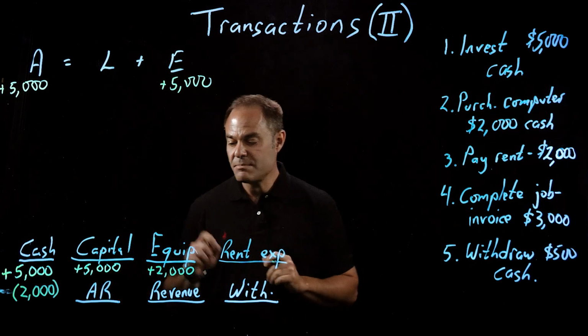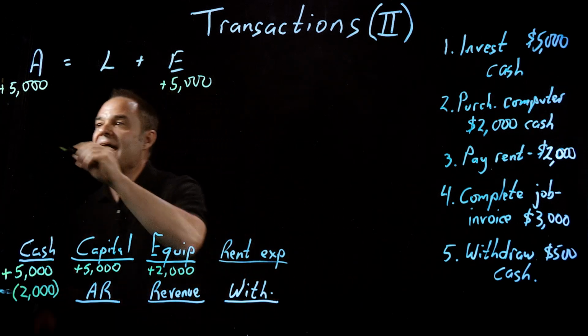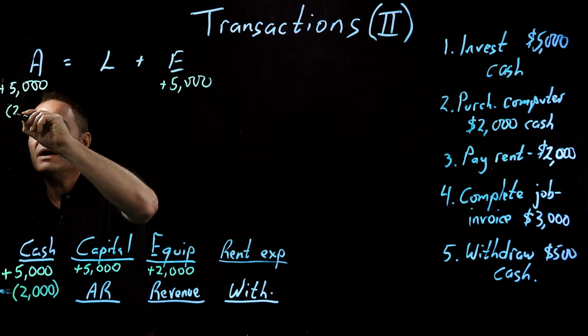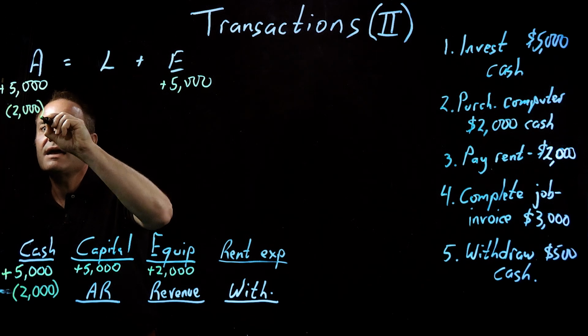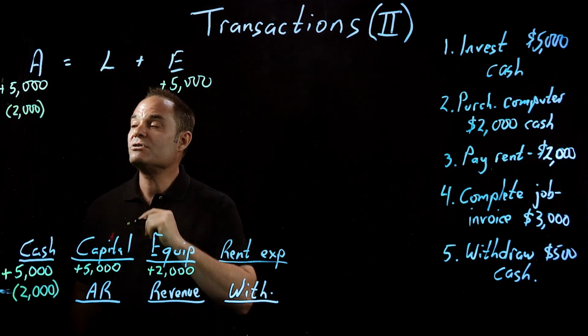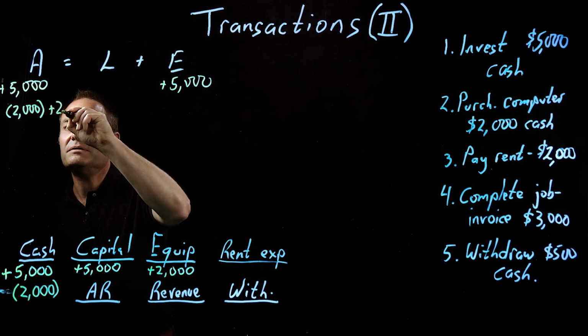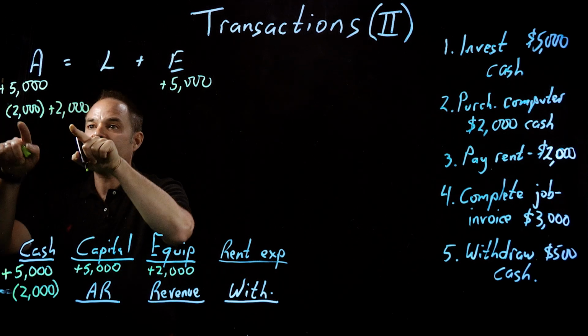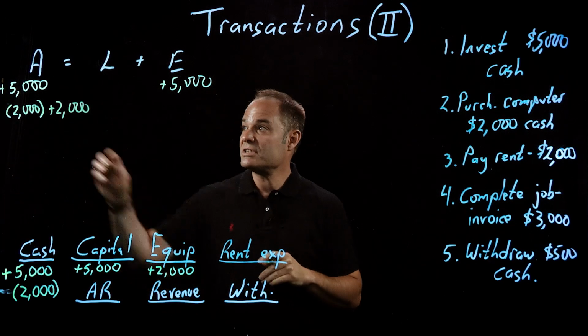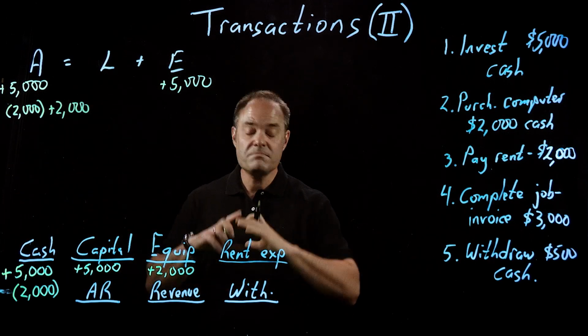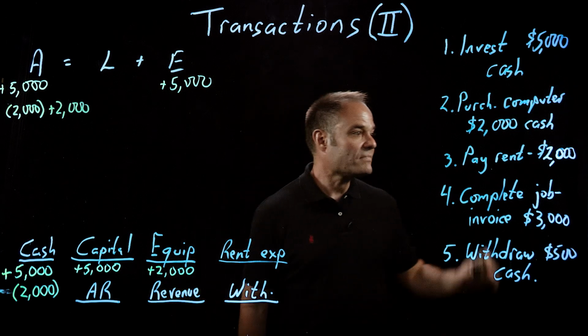So our cash has gone down by 2,000, equipment's gone up. Cash is an asset, so minus 2,000. And the computer is equipment, so it will have increased by 2,000. We'll put in plus 2,000. And we have a minus 2,000 and a plus 2,000 on the same side of the equation. It's in balance. Keep going.